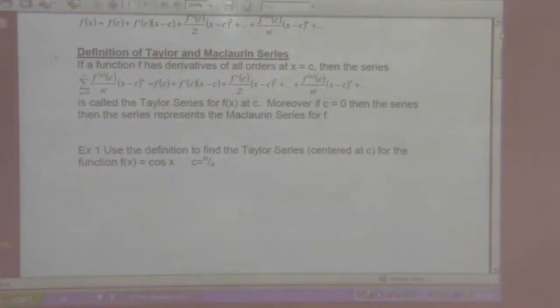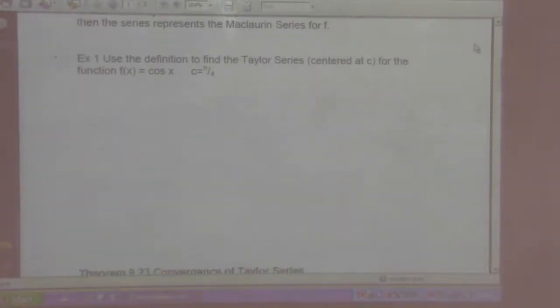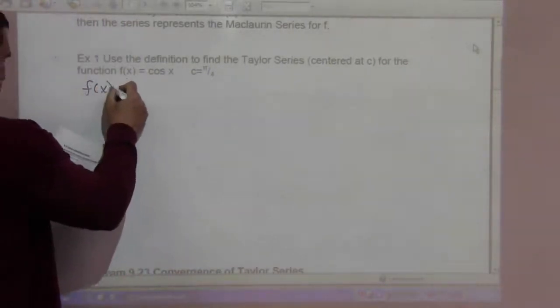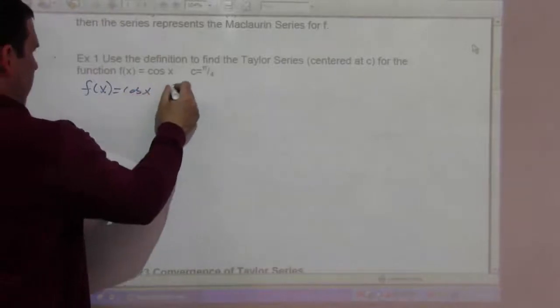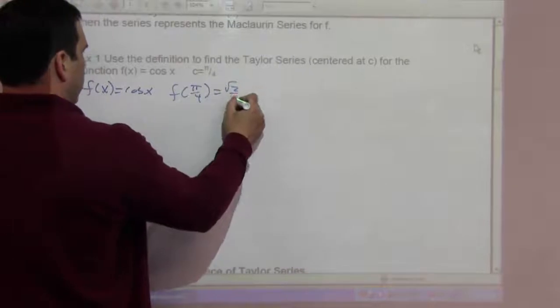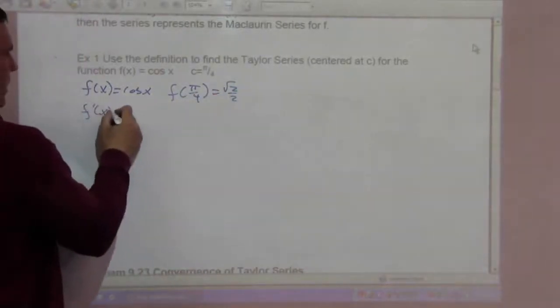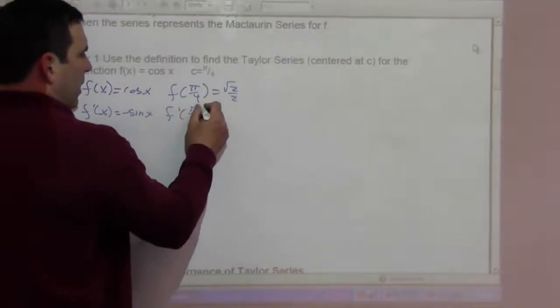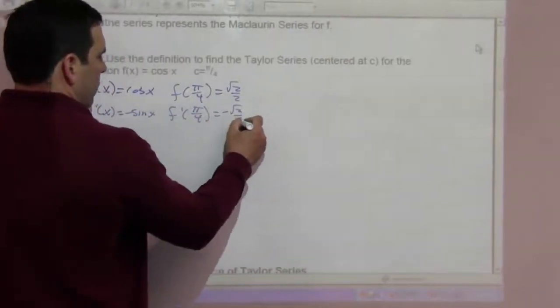Okay, example 1: use the definition to find the Taylor series centered at c equals pi over 4 for the function f of x equals cosine x. So, first of all, f of x equals cosine of x. F of pi over 4 equals square root of 2 over 2. F prime of x equals negative sine x. F prime of pi over 4 is negative square root of 2 over 2.